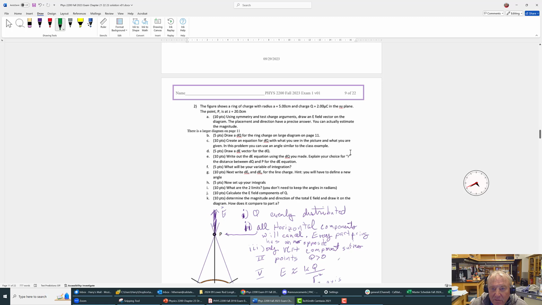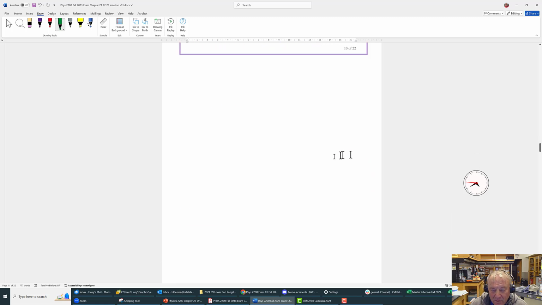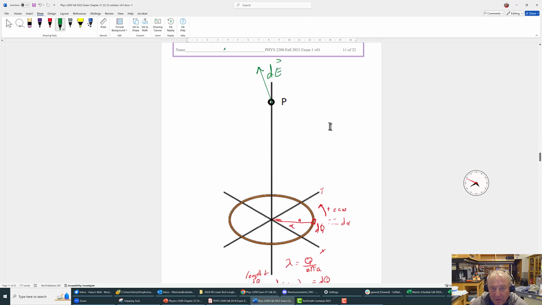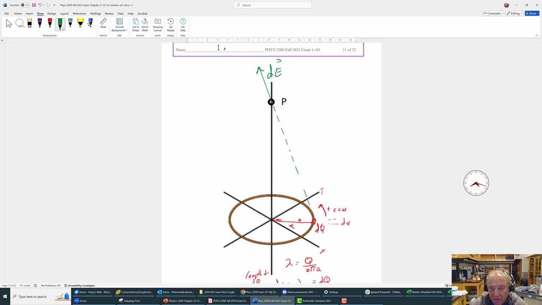Creating an equation. Oh, I did that already. Write dE using the dQ you made. So I have to define my R. This is one of those things where I get very lucky again, because the distance between dQ and P is constant.